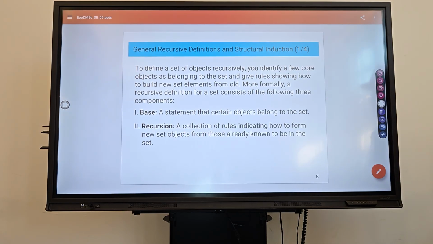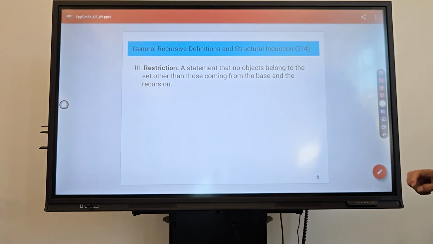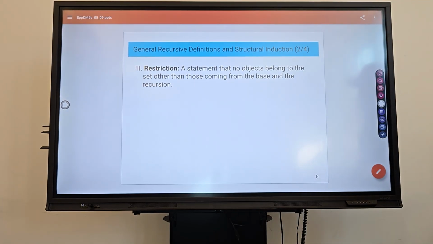Number two, the recursion: a collection of rules, not necessarily just one, indicating how to form new set objects from those already known to be in the set. And then there's the third, the restriction: a statement that no objects belong to the set other than those coming from the base and the recursion.